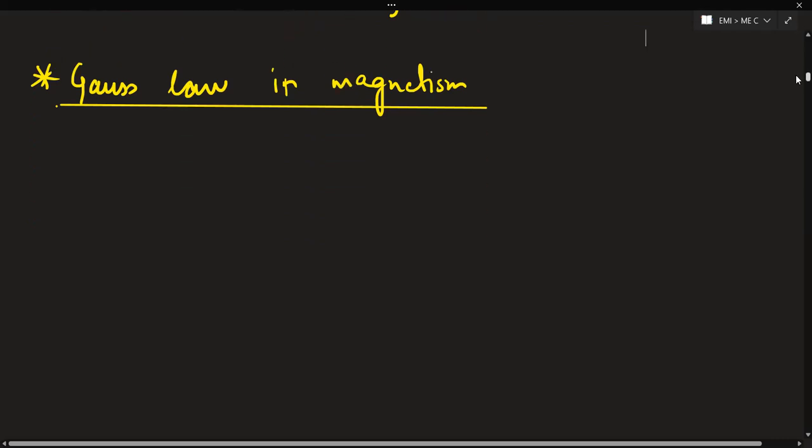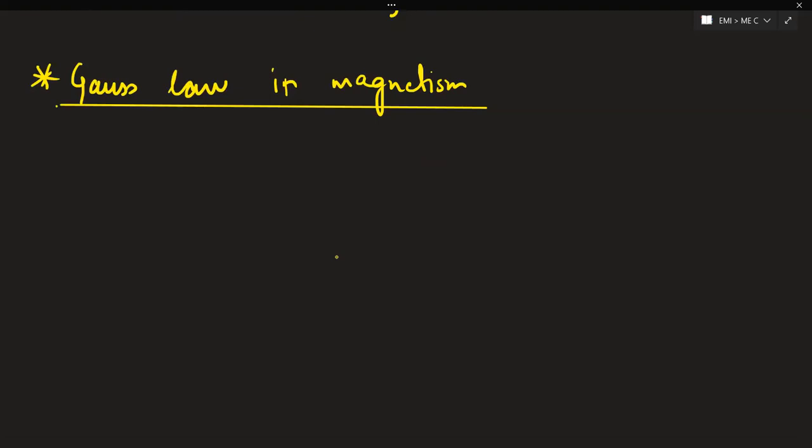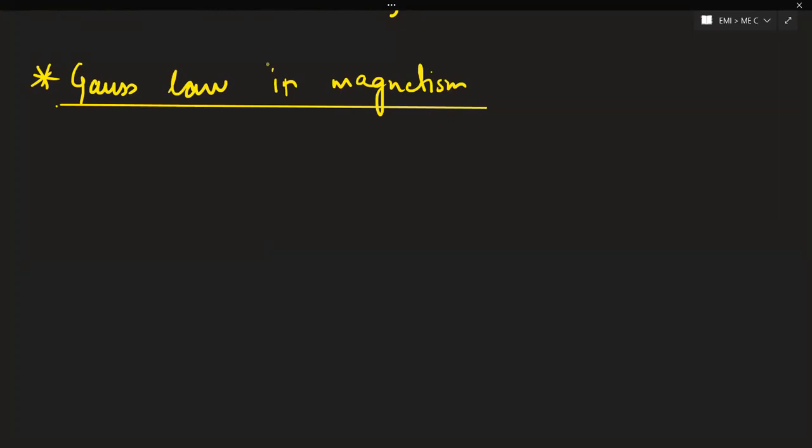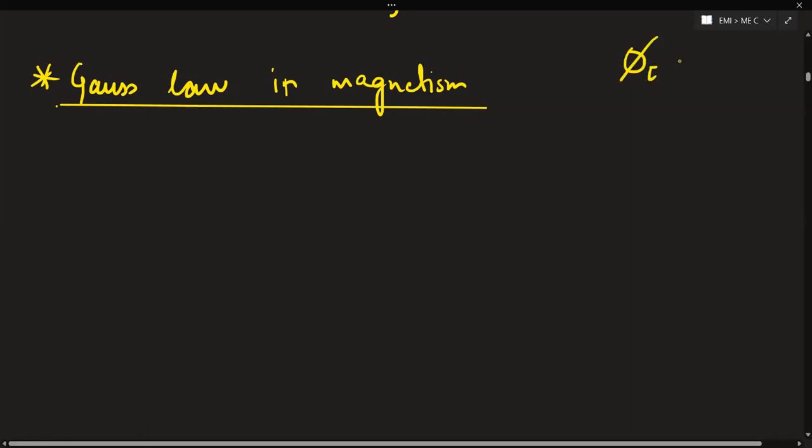So what is Gauss law in magnetism? What was Gauss law in electrostatics? In electrostatics, it was said that the electric flux through a closed surface is 1 by epsilon naught times the charge enclosed.